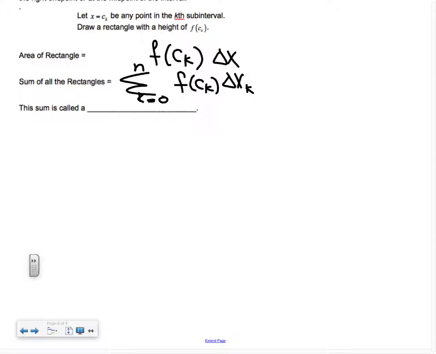So the sum, this particular type of sum, is called a Riemann sum, named after Riemann, the mathematician. It's not really all that critical, just as much as you understand that I'm summing up areas of rectangles. The smaller and the more frequent the rectangles get, the better the estimate of the area. This is what they refer to as a Riemann sum.